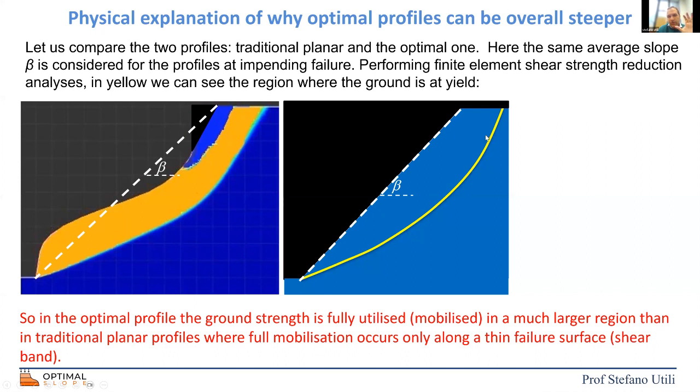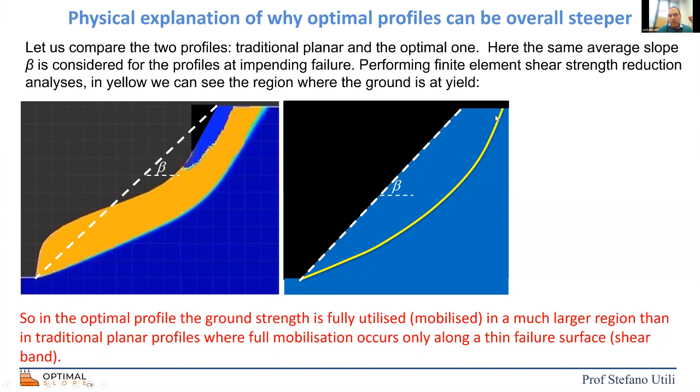When you have a uniform layer of soil or rock with isotropic behavior, the failure mechanism tends to form along a narrow shear band. In this curve, think of the shear band that typically starts from the toe and then develops all the way through.